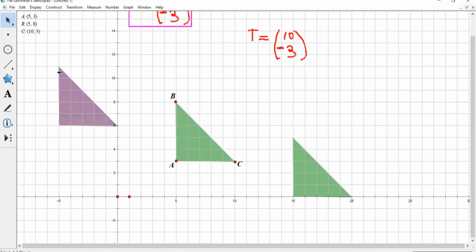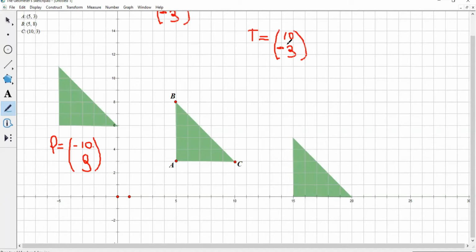So this translation vector right here, we can call this maybe P. This translation vector P is (-10, 3), as we just saw a while ago. Why is this -10, 3? -10 because we moved the original triangle to the left, but going to the left is negative, going to the right is positive.